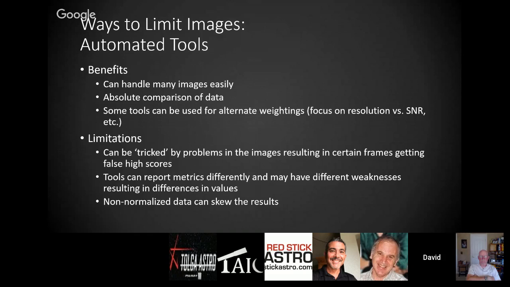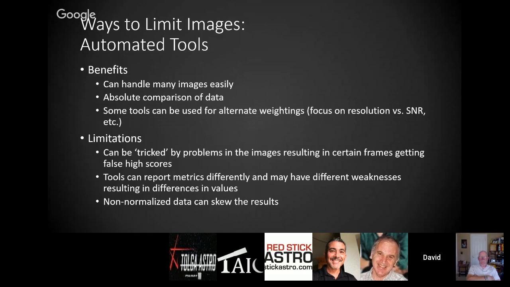Different tools report metrics differently, right? And they have different weaknesses to some of these problems that we're talking about, right? So you may have one tool that reports everything fine, another one doesn't. So you have to kind of know that these inherent problems exist and try to work around them.